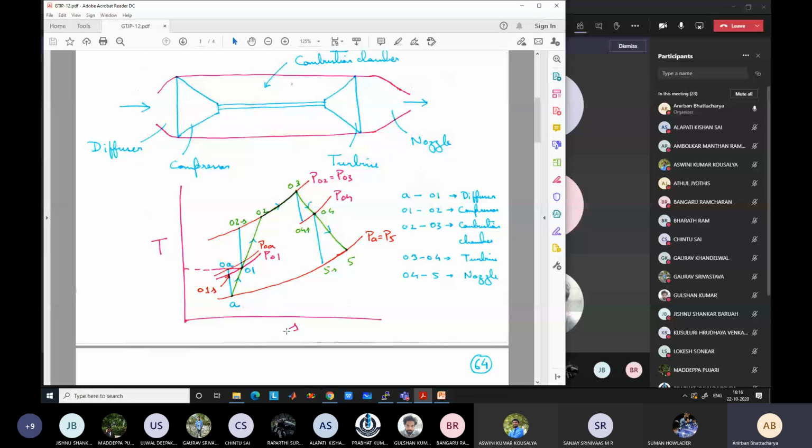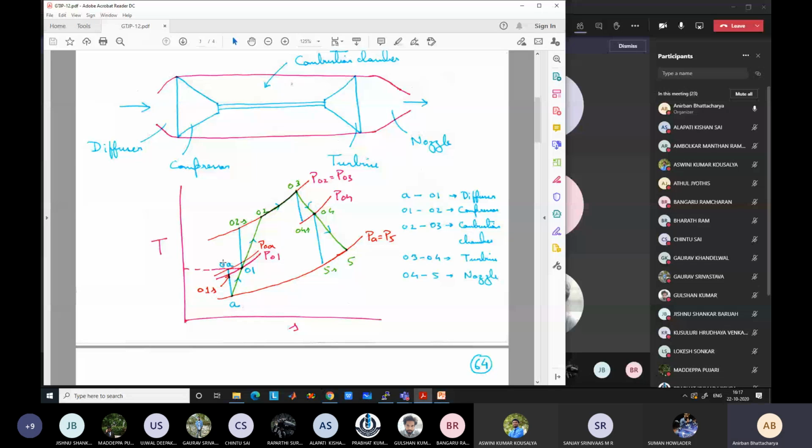Without any losses, in the ideal case, if I could reduce the velocity VA to 0 at the end of the diffuser, pressure would have increased to P0A and temperature to T0A. Obviously you cannot make it 0, but if you can make it negligible, pressure would become P0A and temperature T0A. Correct? Or is there any confusion?